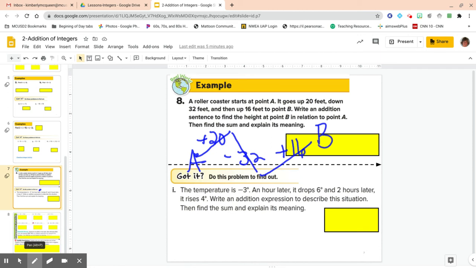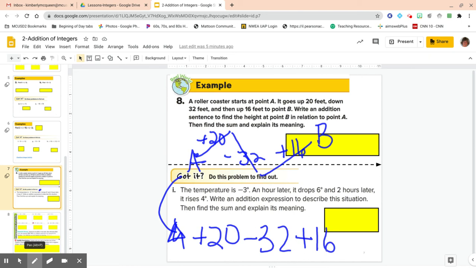Now, what happened? Well, I simply do a math problem, and I'm going to bring it down here where I have a little bit of room. So I have a positive 20 minus 32 plus 16. Does every number have one sign in front of it? Sure does.